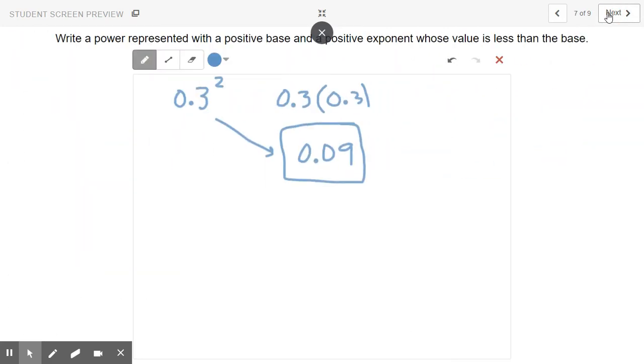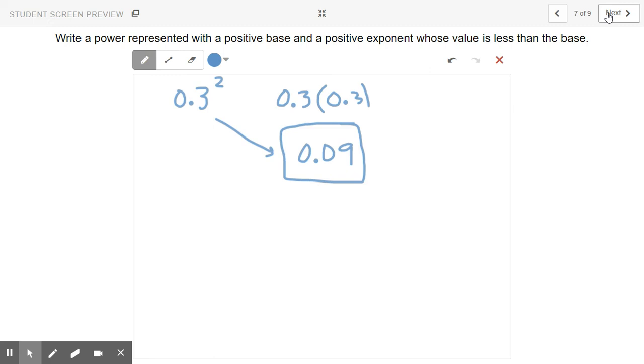Write a power represented with a positive base and a positive exponent whose value is less than the base. So when you think about it, that means that your base has to be a decimal or fraction, but be careful what kind, like any decimal fraction less than 1. So let's take a look. Any fraction decimal less than 1.